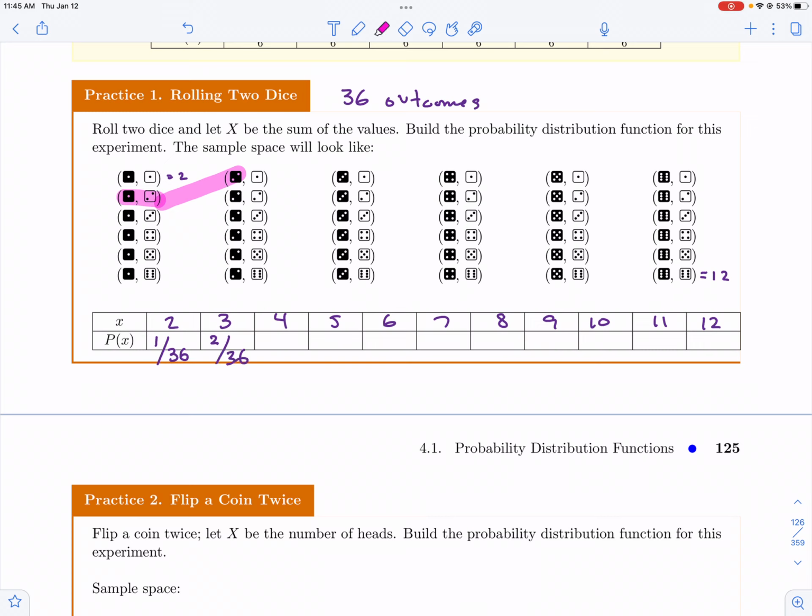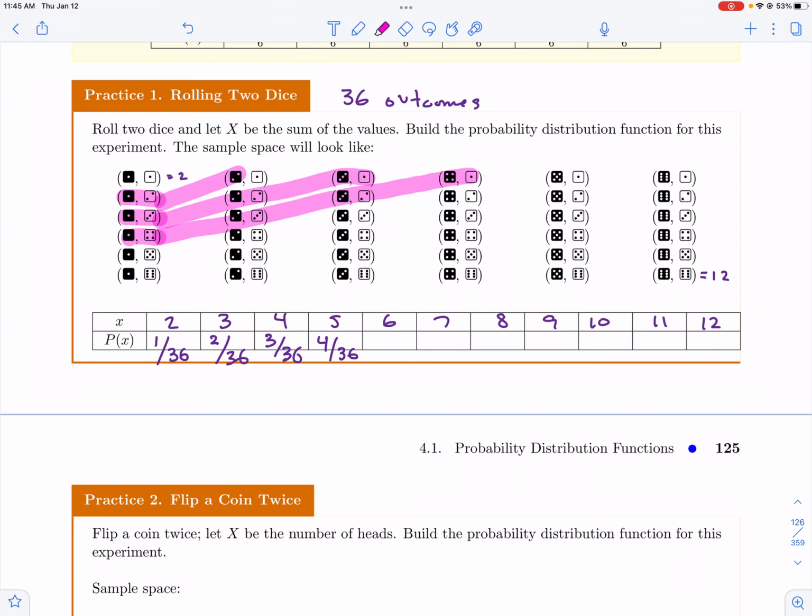And if I do the same thing with 4, there's my first 4. If I go up at a diagonal, I'm going to hit those 3. So I've got 3 out of 36. If I go to 5, I'm going to end up with 4 out of 36 for 5.